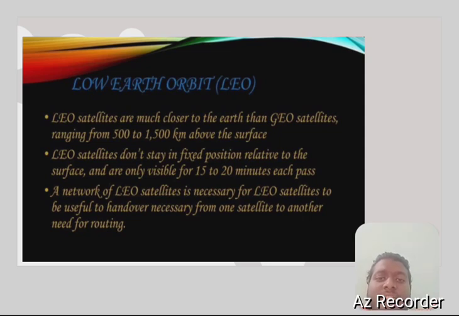The LEO satellites don't stay in a fixed position relative to the surface and are only visible for 15 to 20 minutes each pass, so for LEO networks, handoff from one satellite to another is needed for routing.